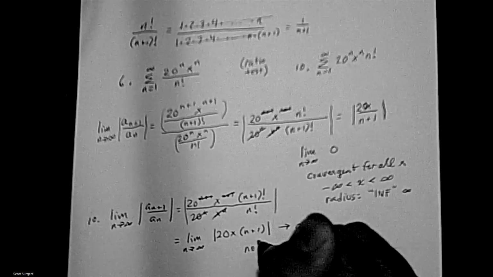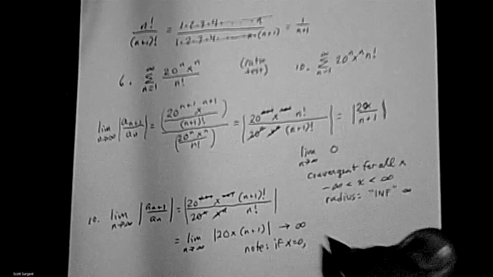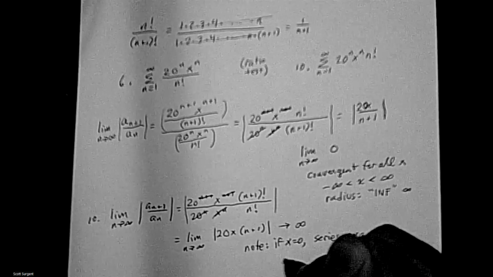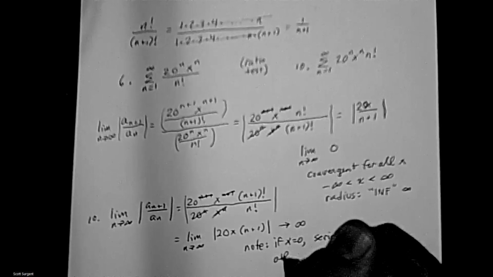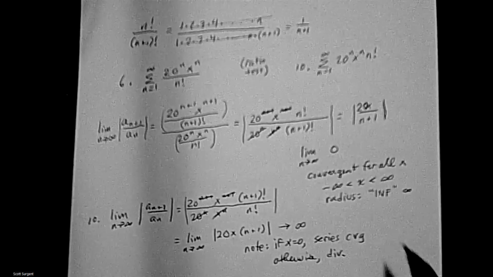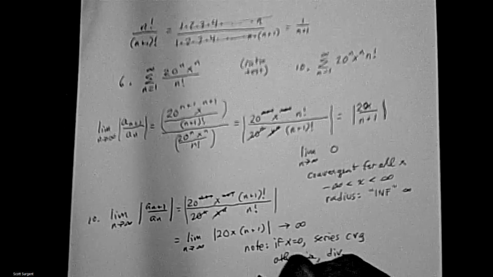So note, if x equals 0, the series converges at 0. And then anything else, it just diverges. And what you would say here is that it's convergent at a point.